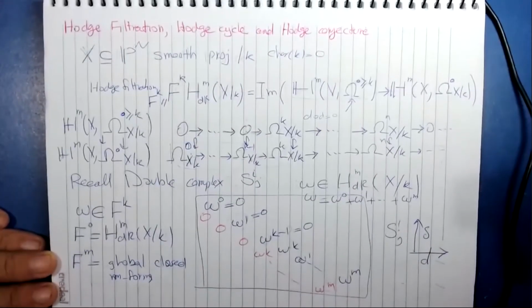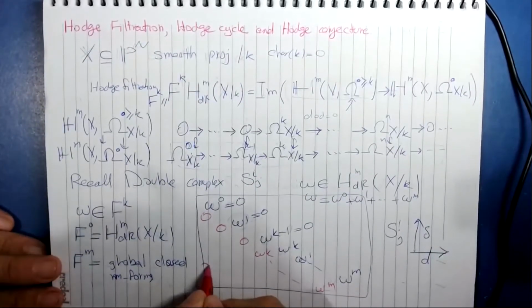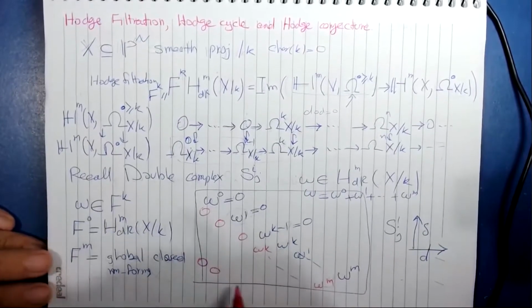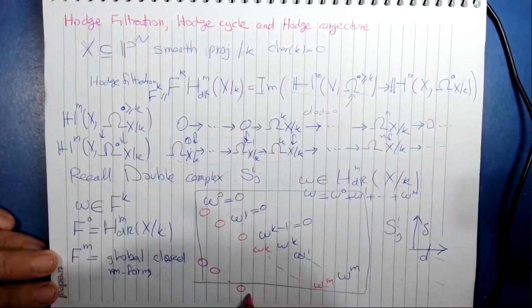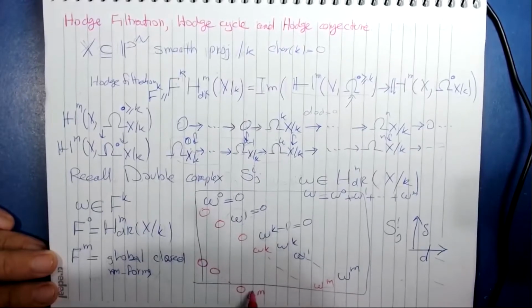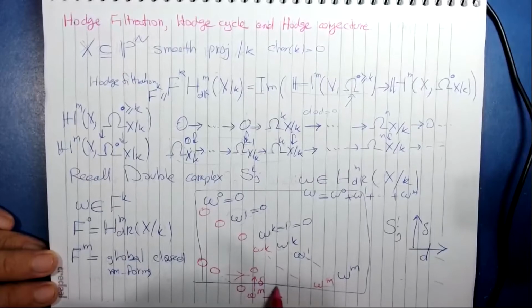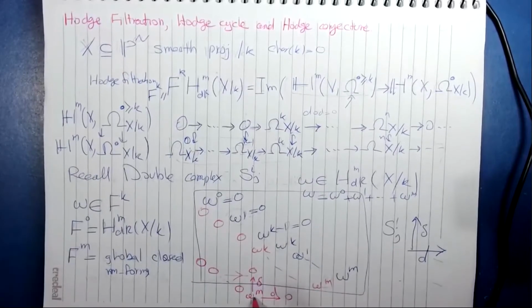And the reason is easy, because if we look at the double complex, elements of F^m are just 0, and then there is just omega_m here. So its delta must go to 0 because there is no contribution from this direction, and its d is equal to 0. What does this mean?